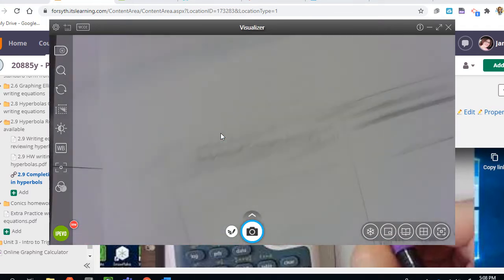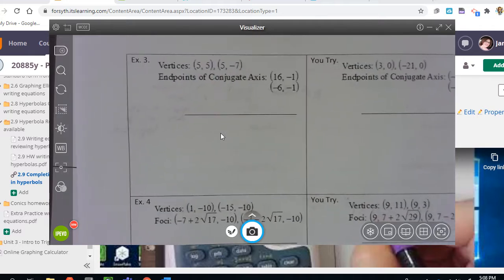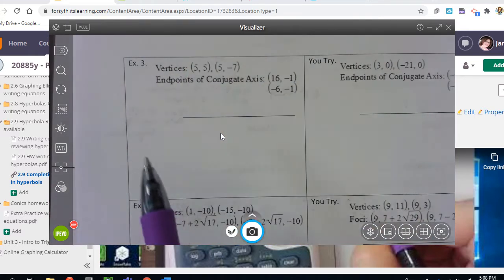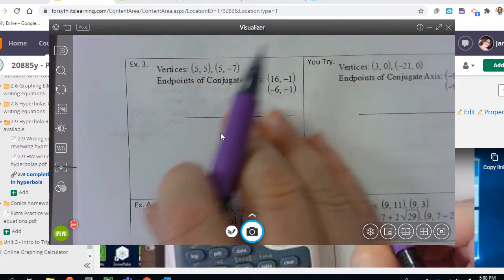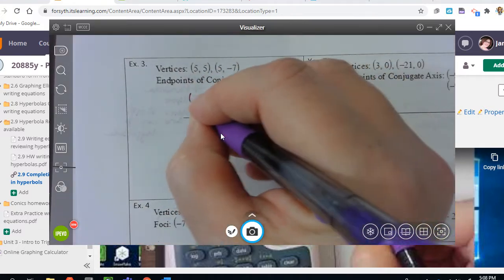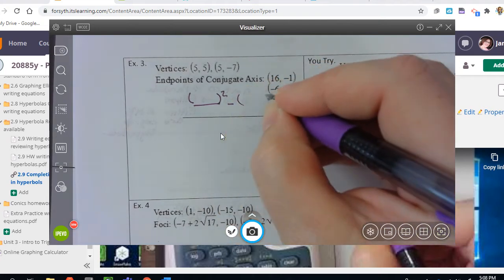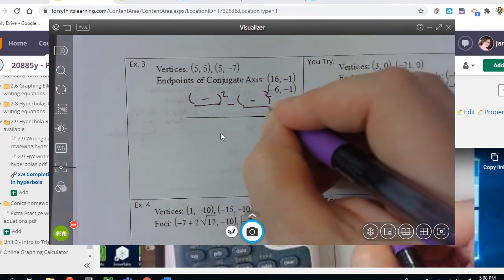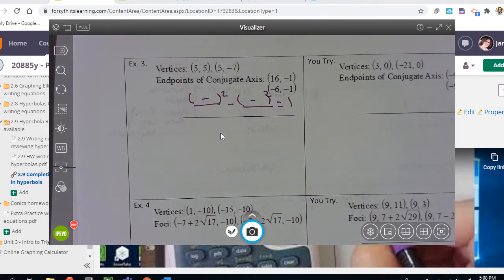All right? Going on, I'm going to go ahead and do this one as well. All right, so the first one, this one they're not as nice. They did not tell me what the orientation is. So all I know is that I have something squared equals 1. That's the setup. That's all I know.